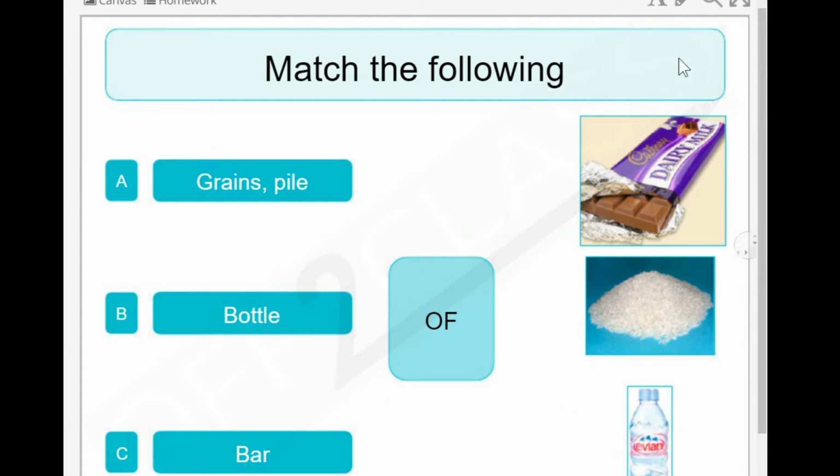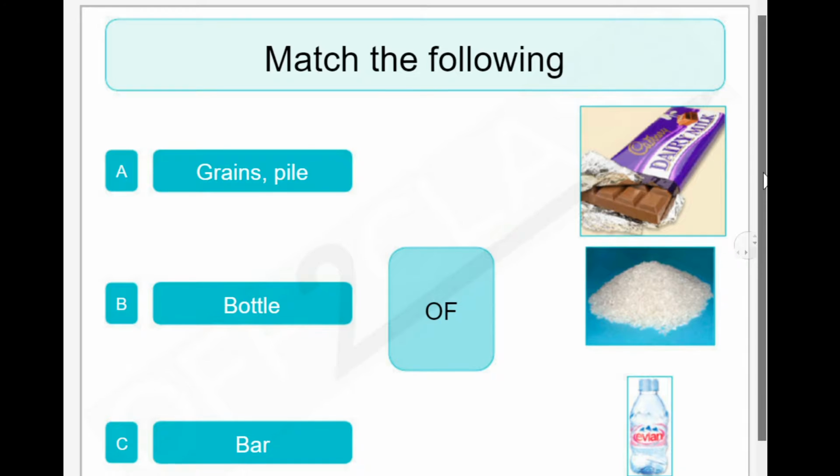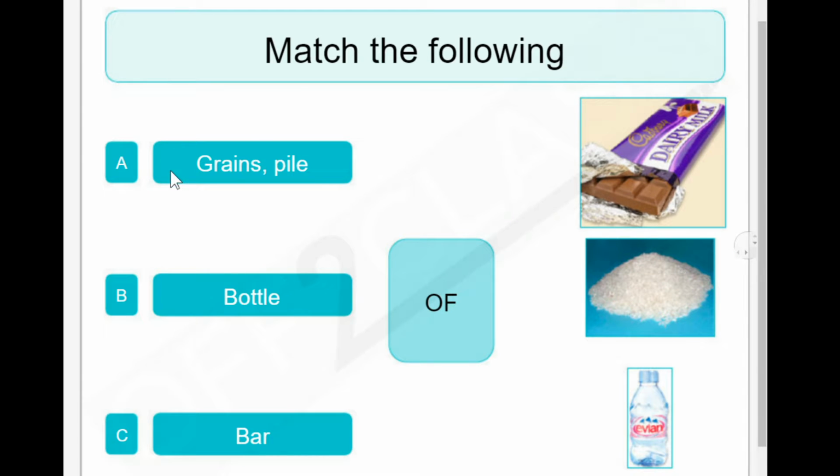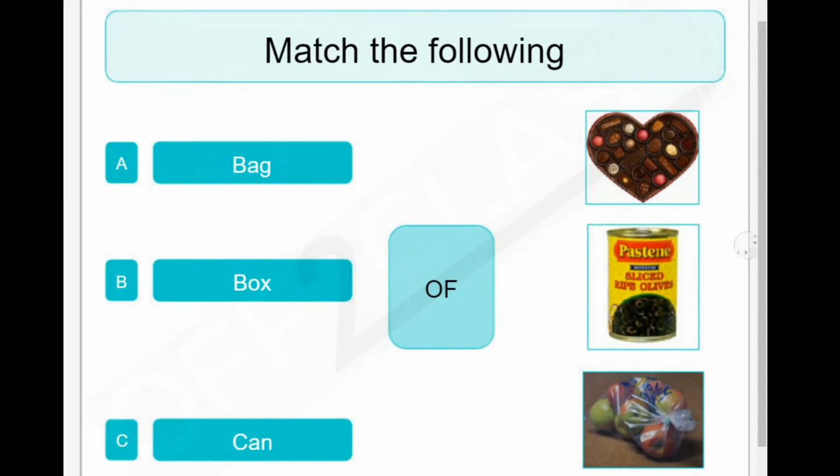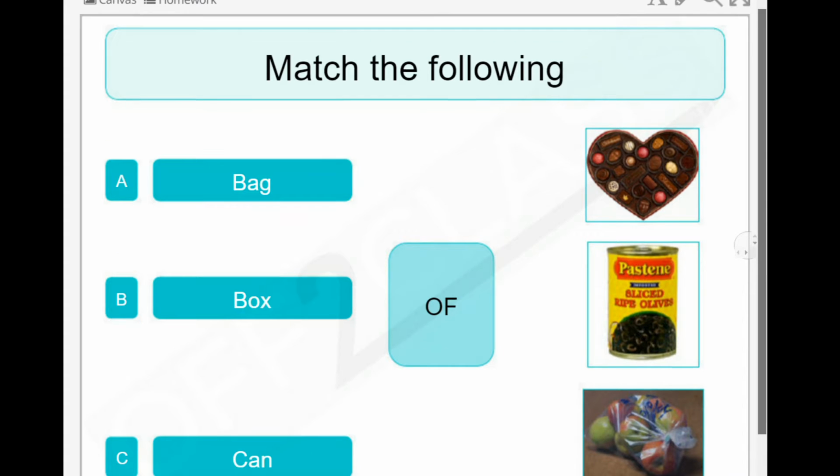Very good. You're doing excellent. Can you repeat after me? Grains or pile of rice. A bottle of water. Bar of chocolate. Very good. Okay, let's match the following here.